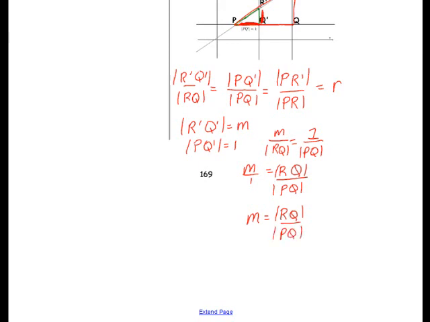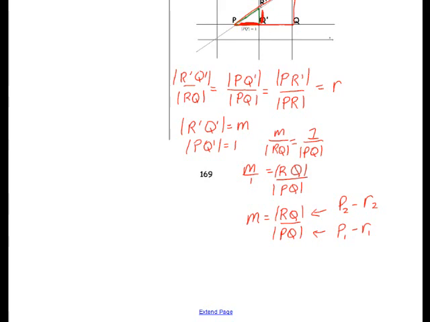We also know from our earlier work that the length of RQ is equal to P sub 2 minus R sub 2. Those are the y values. And we know that the length of PQ is equal to P sub 1 minus R sub 1. Those are the x values.